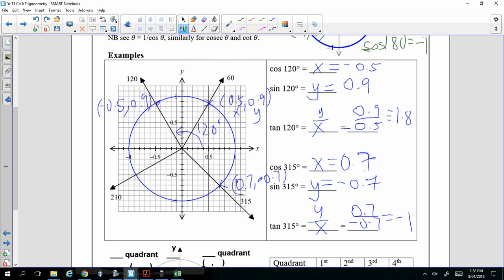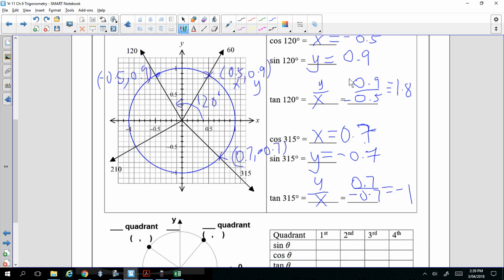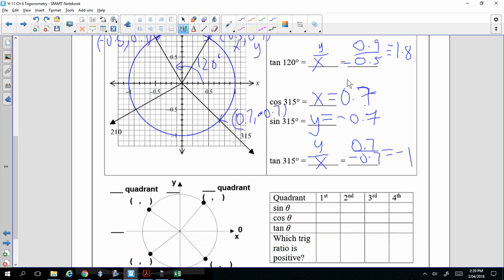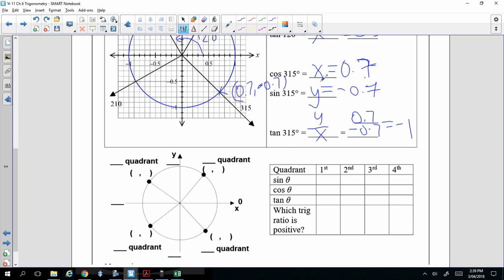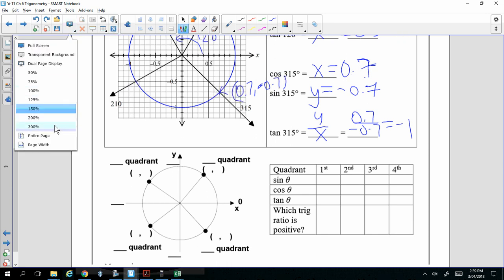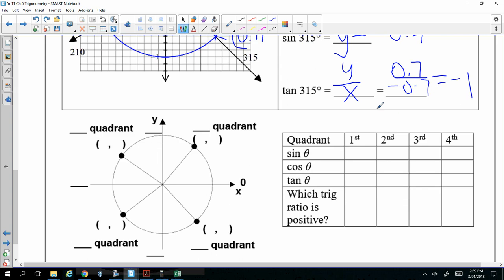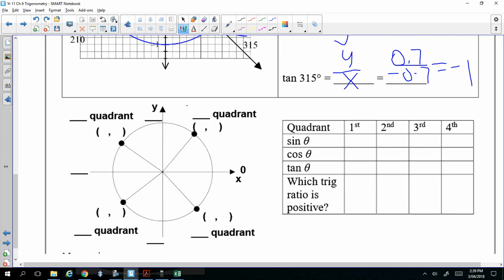Okay, one more thing. Let's look at the quadrants. First quadrant, second, third, fourth. Put the angles 0, 90, 180, 270, and 360. In the first quadrant, all the coordinates are positive, so both X and Y are positive. How about the second quadrant? The x value is negative, y value positive.